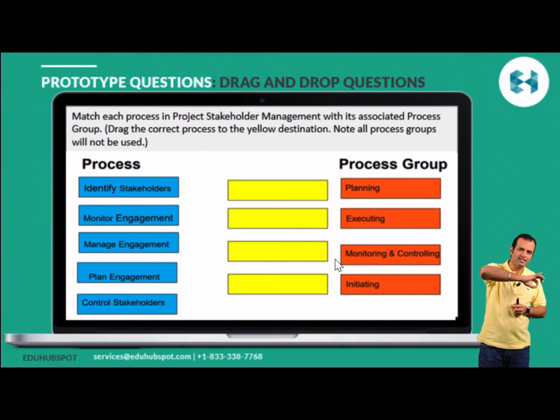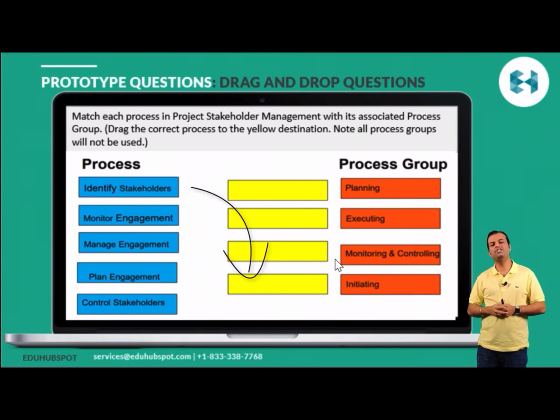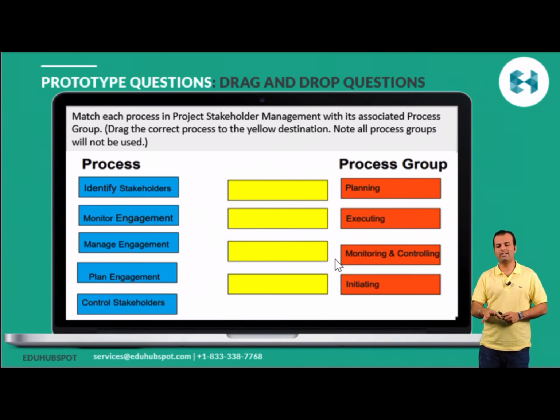You will drag the process and place it in the yellow section. Like identify stakeholder, it's initiation, so it will go to the initiation section. Monitor engagement, that is your monitoring and control, so it will go over there. So this is a very simple question. Again, I'm not saying this is the question you will get. These are the types of questions you may get in the exam. This is your third type.